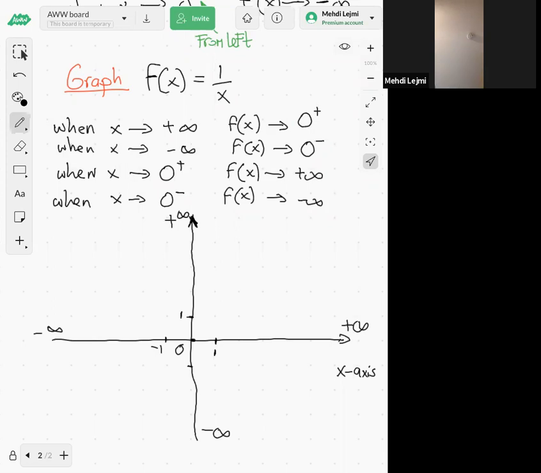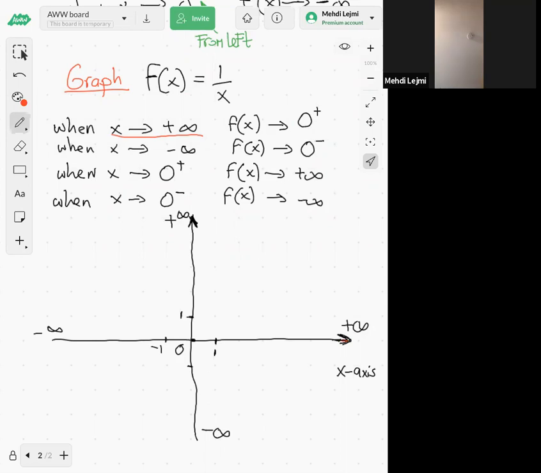Anyway, we said when x approaches positive infinity, so my x is in here, right? Then f of x, the output, is close to 0, right? So I'm going to have my output very close to 0.